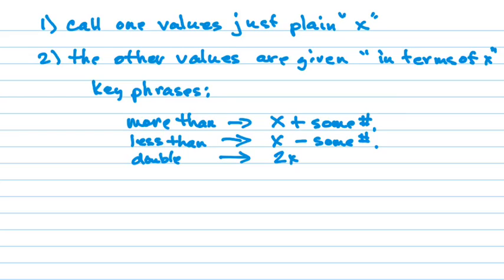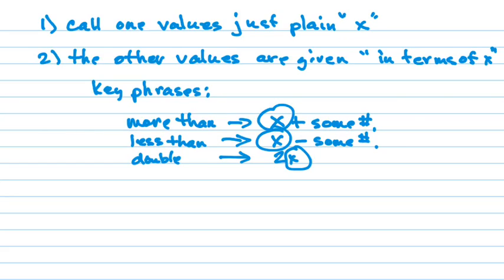We happy with that? So you're going to see these key phrases. But what do you notice about all 3 of these that I just wrote? What do they have in them? You can't just write 2, or you can't just write plus 3. It's X plus 3 or X minus 3. So be very careful about that. All right. You can also have things where you square or whatever. And we'll look at some different ones.